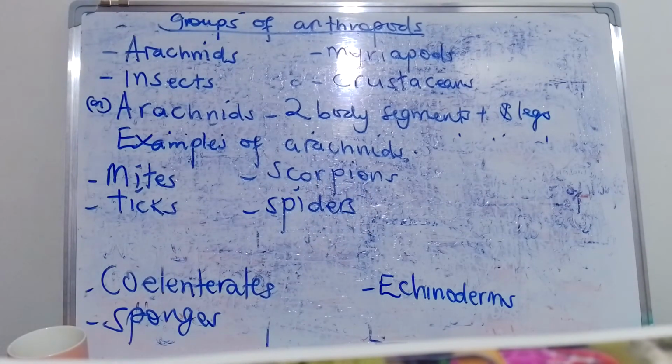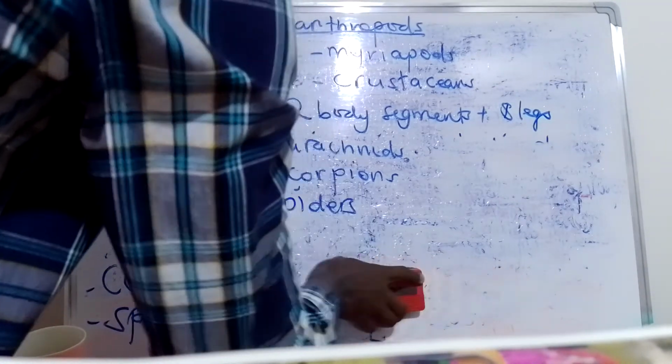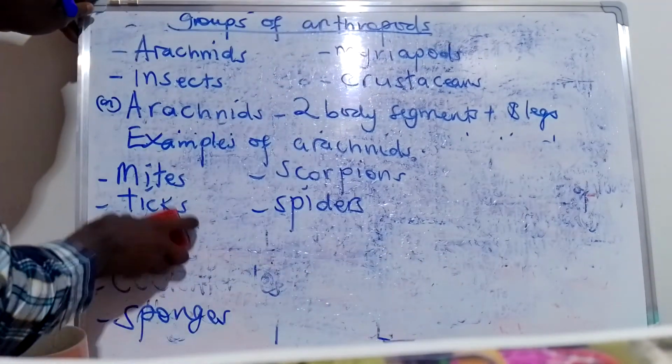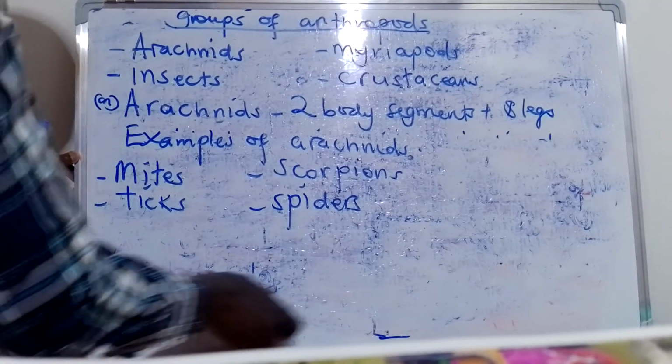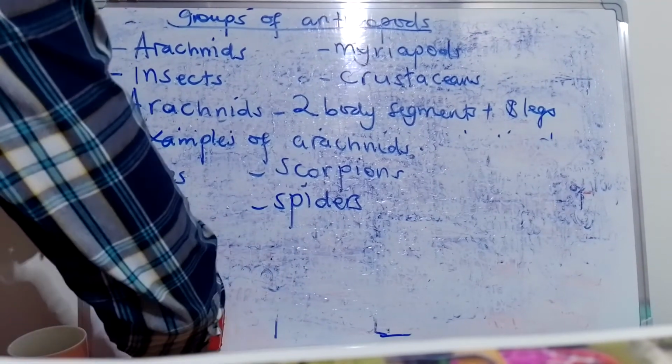These are a few examples of arthropods whose bodies have 2 segments and 8 legs. Let's look at what these 2 body segments are.